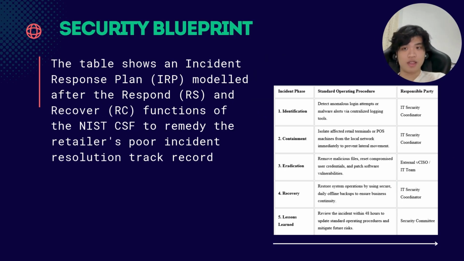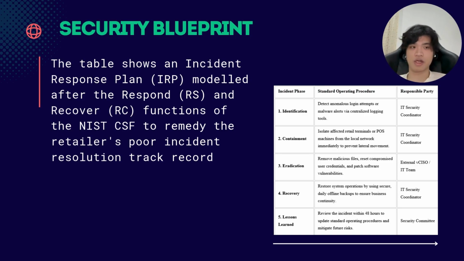We also have an incident response plan to fix the retailer's poor incident response through a 5-phase playbook. The first one will be identification, made by the IT coordinator, who monitors and detects anomalous activity. And then we have containment. If we find any anomalous activity, we will immediately isolate compromised retail terminals from the network.